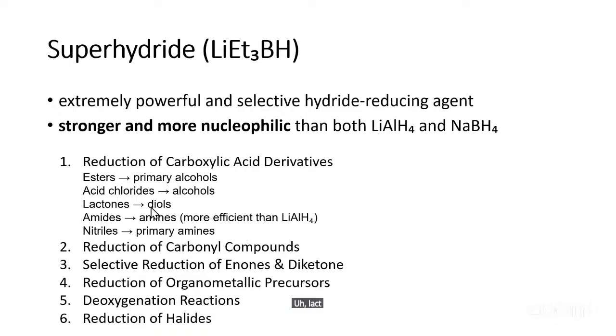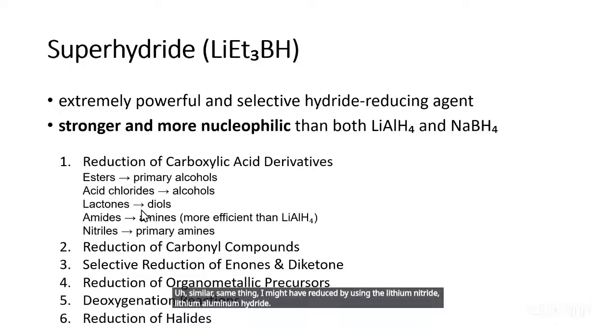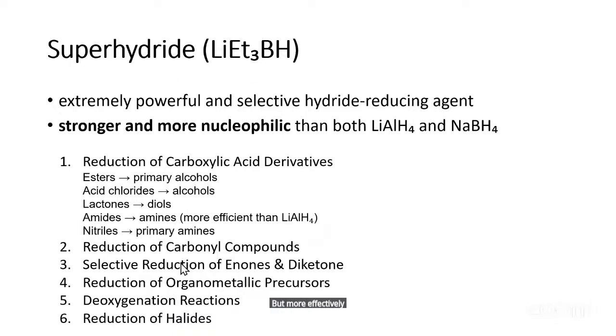Lactones are converted to diols, amides are converted to the amines. Amides are also reduced by lithium aluminum hydride, but more effectively the superhydrides are used for this conversion. Nitriles are converted to primary amines.